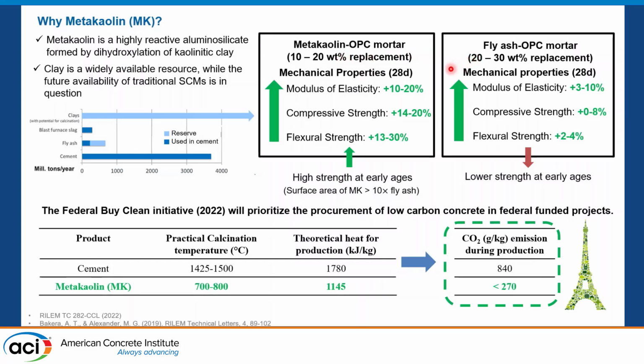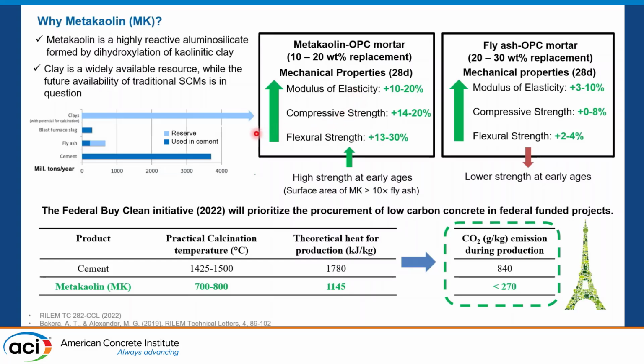We can see that calcined clay leads to better enhancement of the mechanical properties at 28 days and also at early age. Plus, with calcined clay we have a higher strength development, and it is mainly because metakaolin is a very highly amorphous, meaning highly reactive, aluminosilicate, and it also has a very high specific surface area, which is more than 10 times that of fly ash.